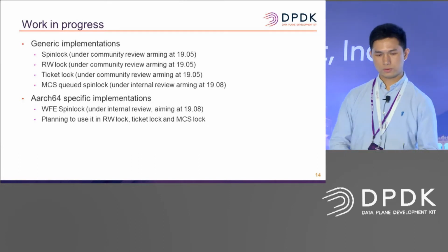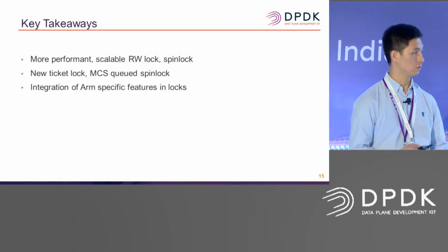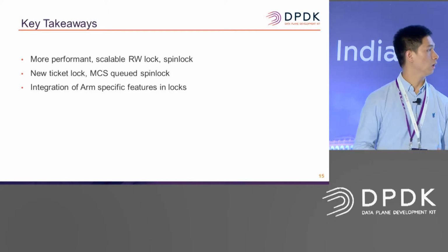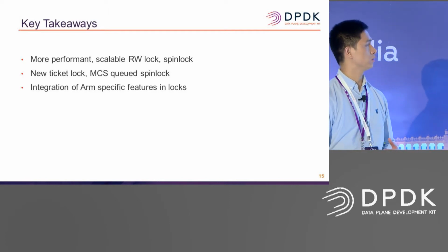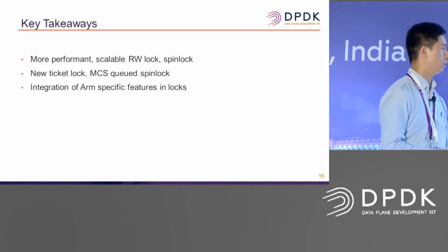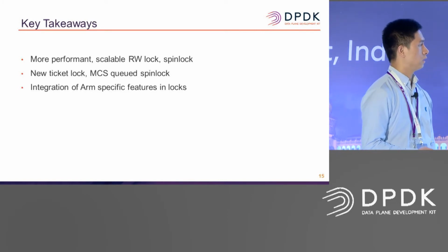To solve this, we are trying to introduce MCS lock into DPDK. MCS lock is a simple spin lock with each CPU trying to acquire the lock spinning on its own variable. The right side is the definition of the MCS spin lock.